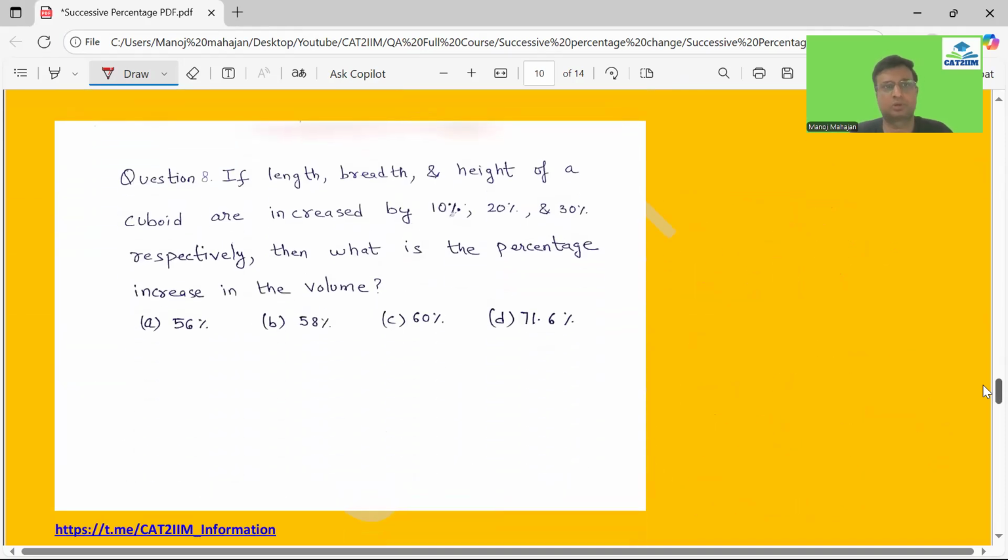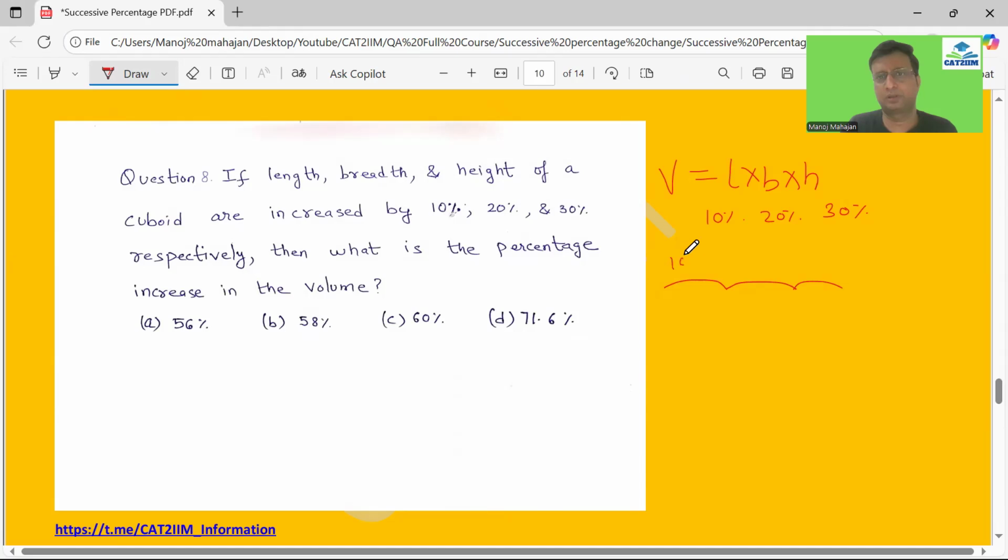Let's have a look at one more question on the product of three quantities out here. We have to find out the percentage increase in the volume of a cuboid. So the cuboid volume is length into breadth into height. So the length, they are saying, is increased by 10%, breadth by 20%, height by 30%. So we have three successive changes.